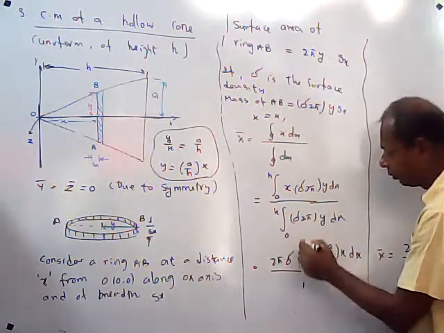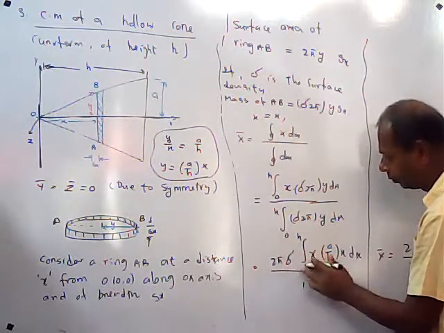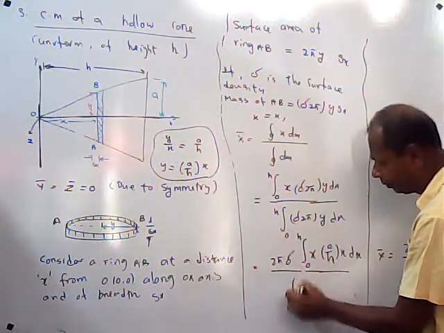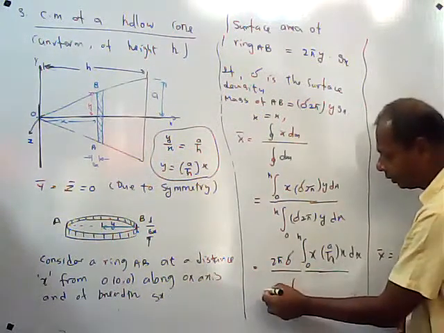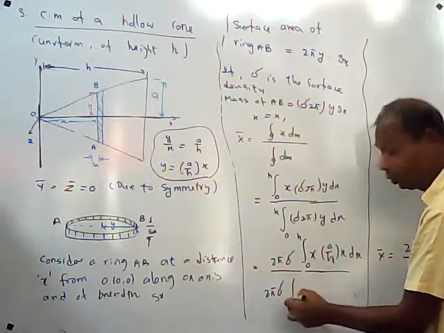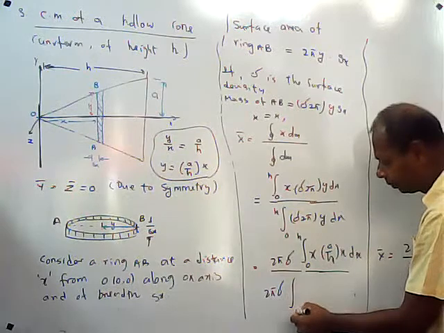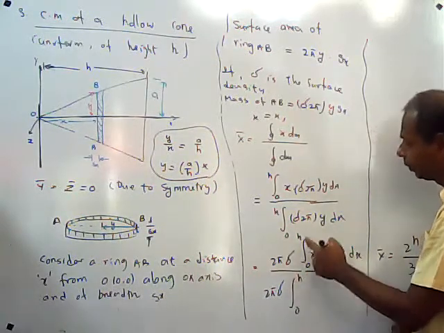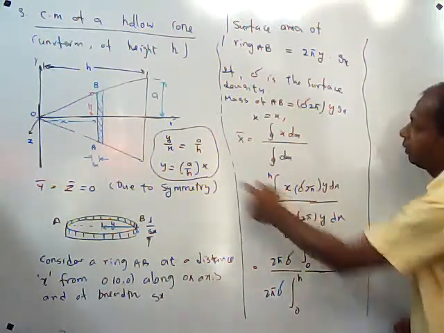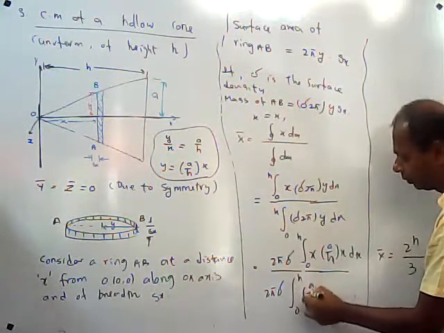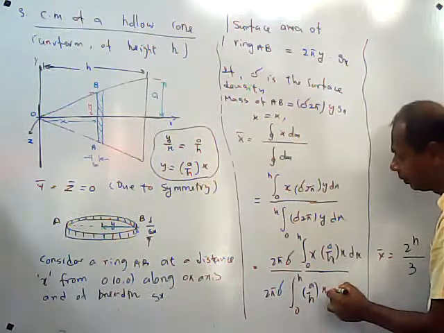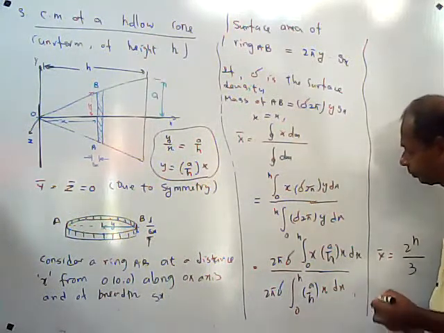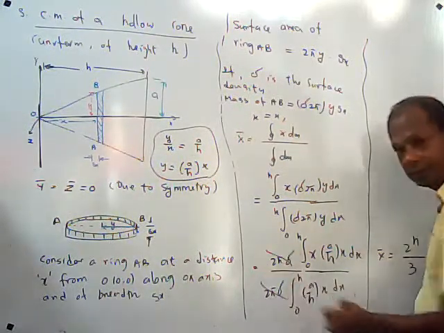It's going from 0 to h, divided by, again, 2 pi sigma is common, we can take it out, the constant. Only the constants we are taking out, 0 to h. Then y, again y is a over h x dx. These things get cancelled.